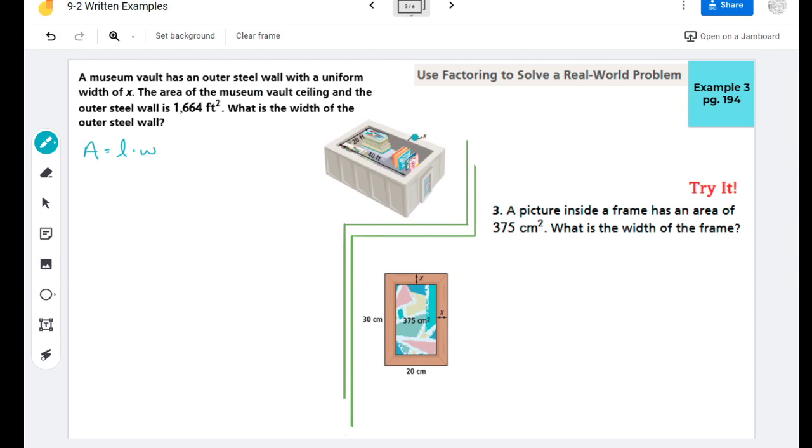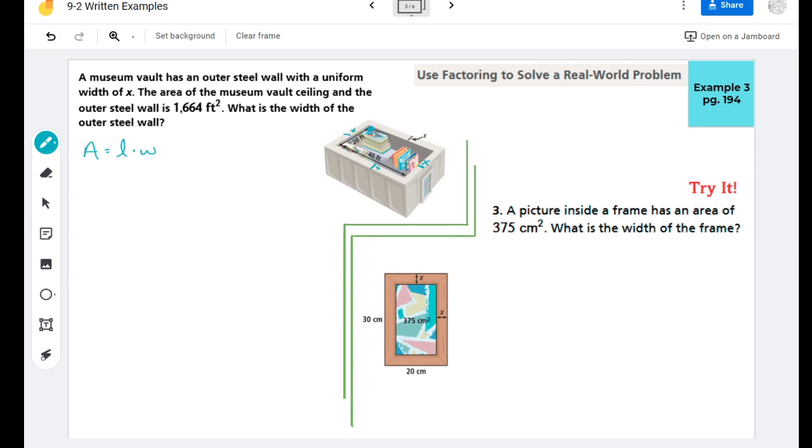Now this wall, it's going all the way around, right? So this distance here is also x, this distance here is also x, and this distance here is also x. So while they're giving us the length and width inside of the room, you also have to add x for each side.